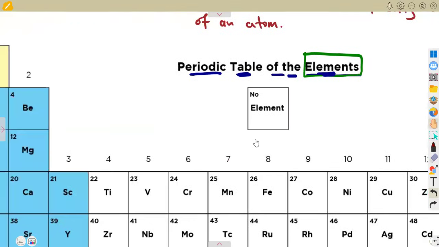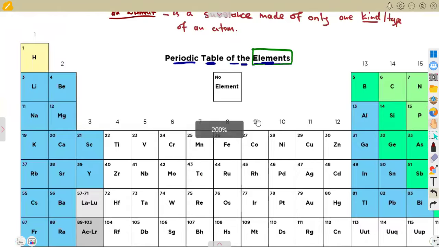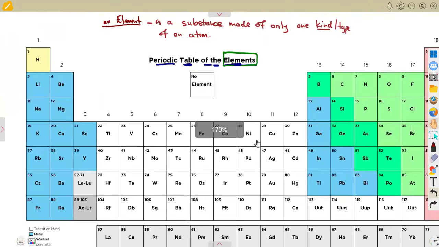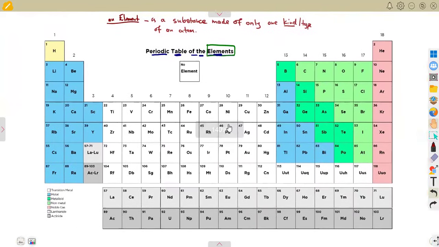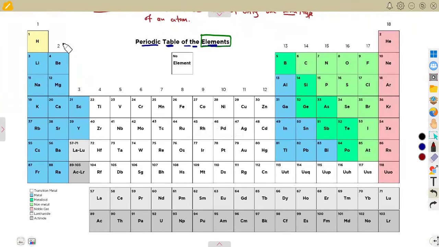This is what I want you to understand on your periodic table now. You are going to see this layout. These are elements that we are going to work with.